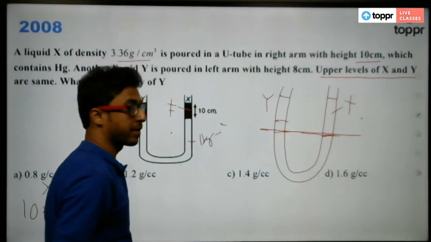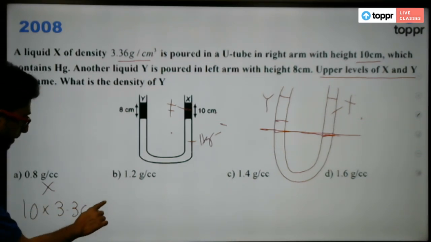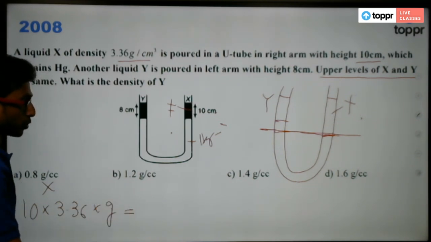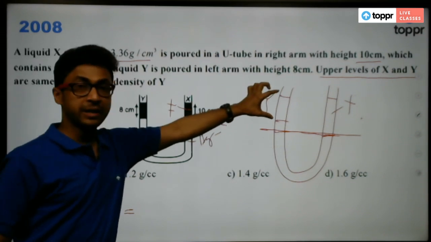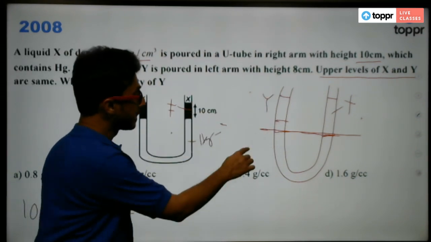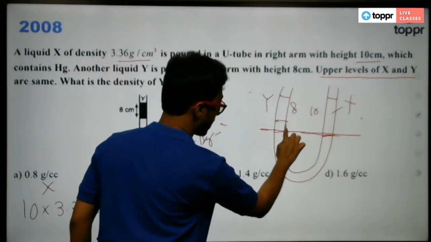The units are in the same system. 10 H rho G is equal to H rho G, that is pressure by this liquid column, that is Y, plus, this is 8, this whole is 10, so this will be nothing but 2.